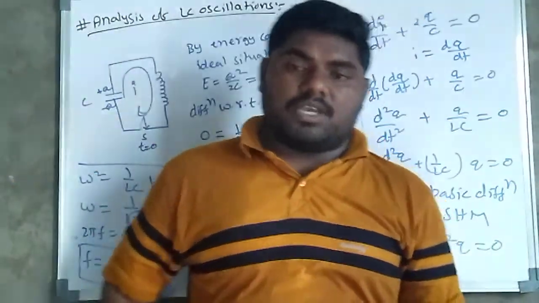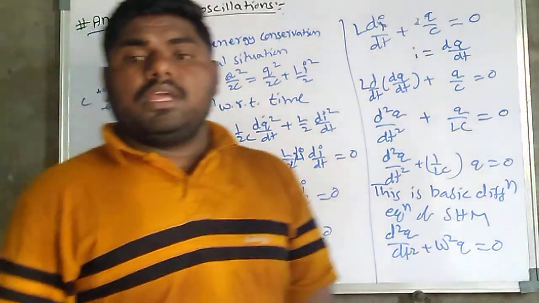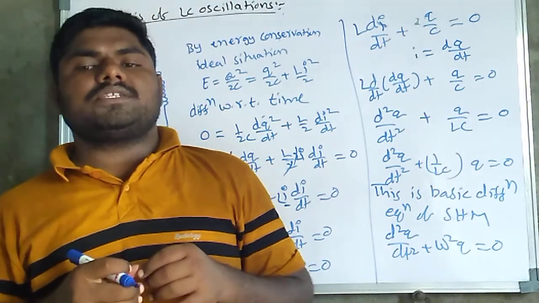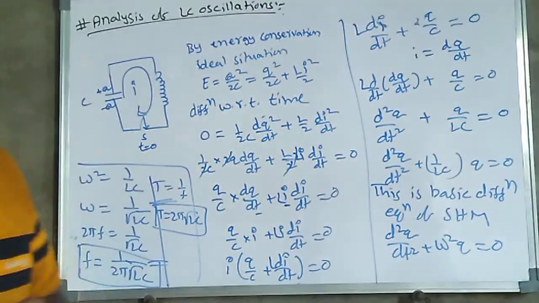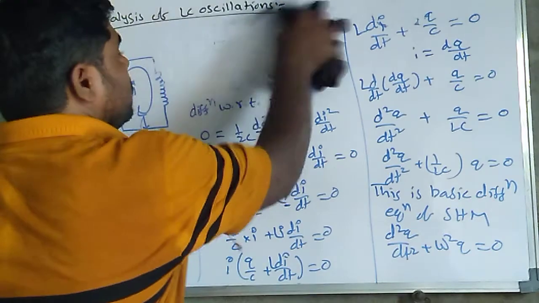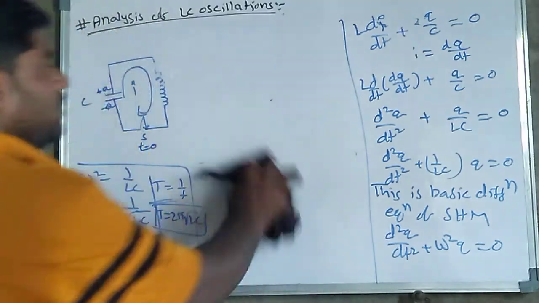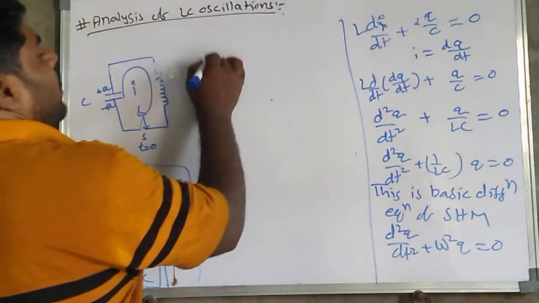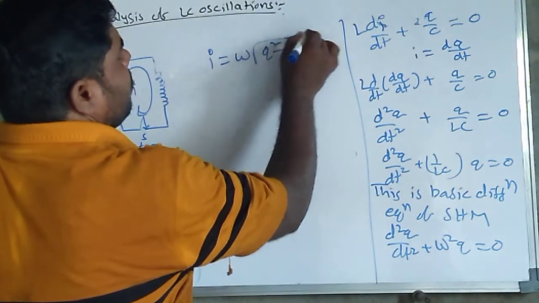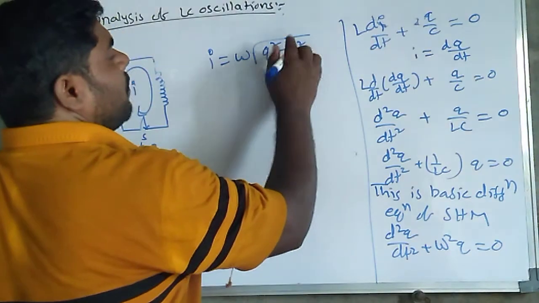There is one more formula: the current in an LC circuit at any time, as a function of charge, can be given as I is equal to omega into under root of q naught squared minus q squared, where q naught is the amplitude.